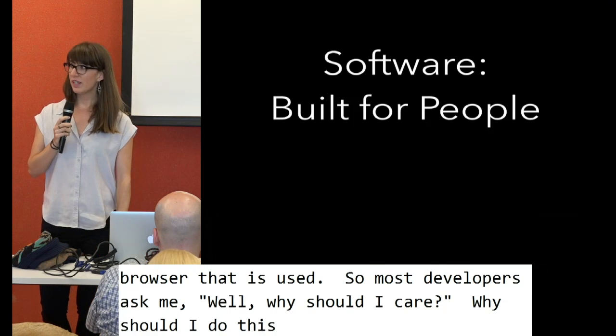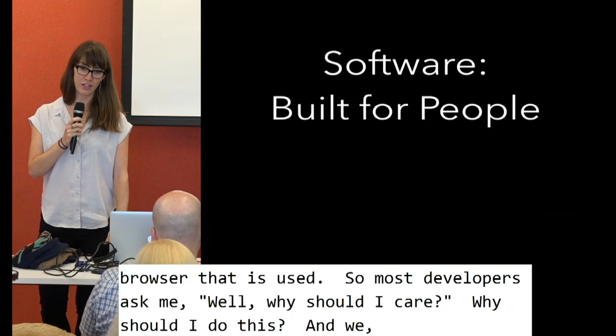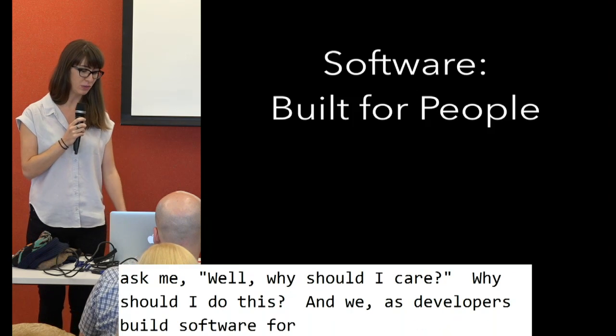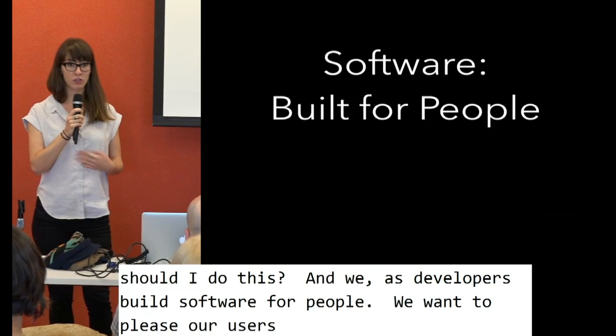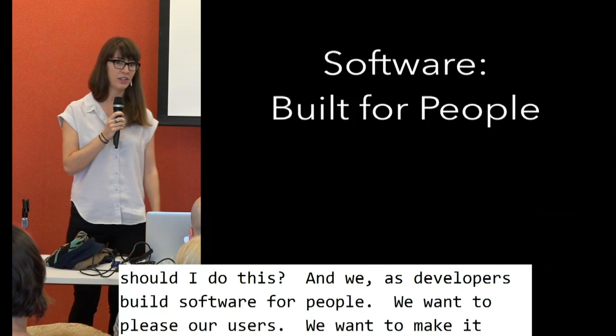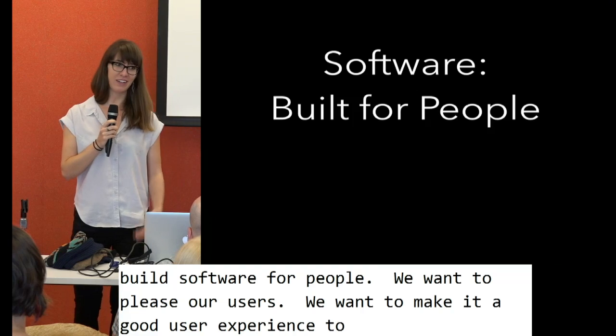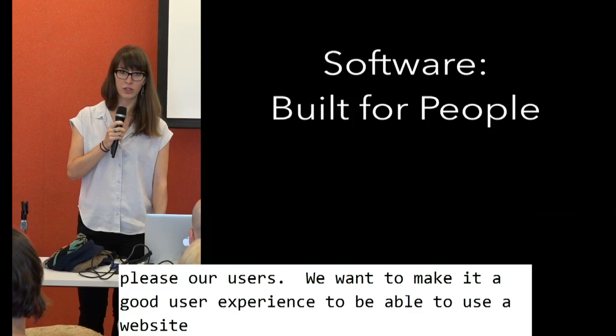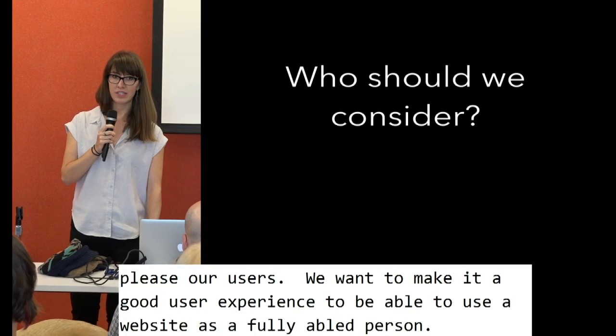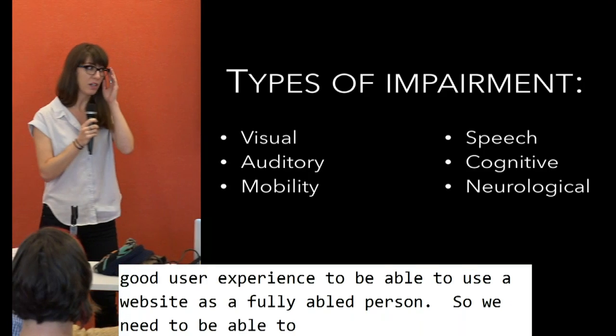As developers, we build software for people. We want to please our users. We want to make it a good user experience for a fully abled person, so we need to think of who we should consider. We want to think of the types of impairment.